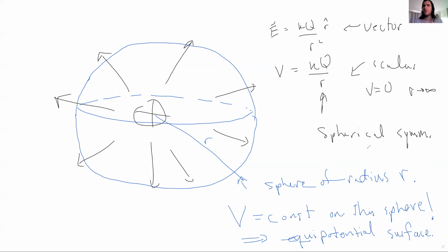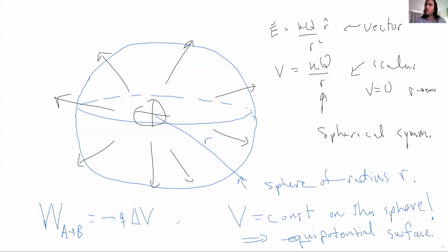Well, what does that mean from the perspective of doing work? If I take a charge and I move it around on an equipotential surface, we know that the work done on the charge to move it from A to B is equal to minus Q times delta V.